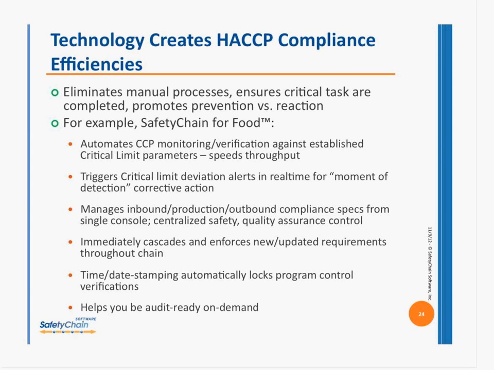If there's an exception or deviation, automatically send an email notification to key personnel in a variety of departments simultaneously, whether it's in production, shipping, food safety, quality assurance, or any other key stakeholder in your facility. And start corrective actions immediately. You can post an automatic hold order if there's an issue on compliance. And then immediately cascade information on new updates throughout the chain.